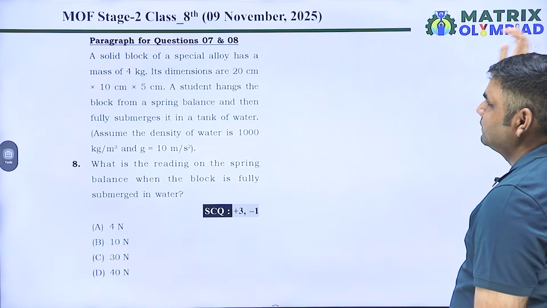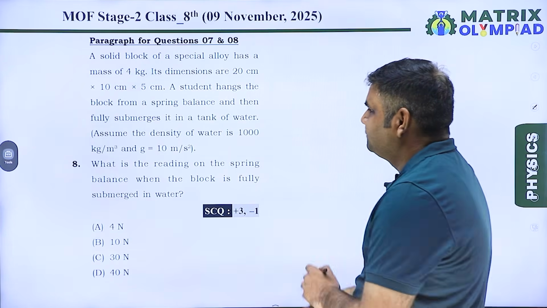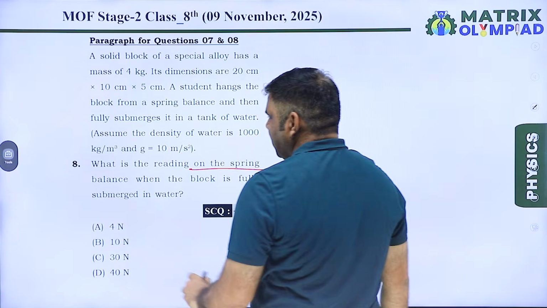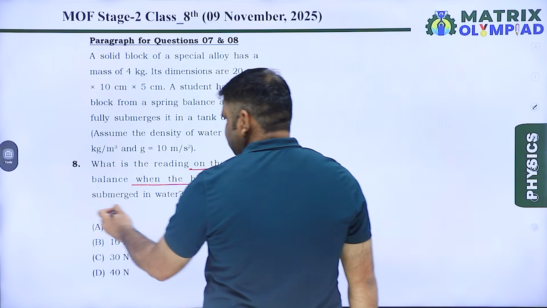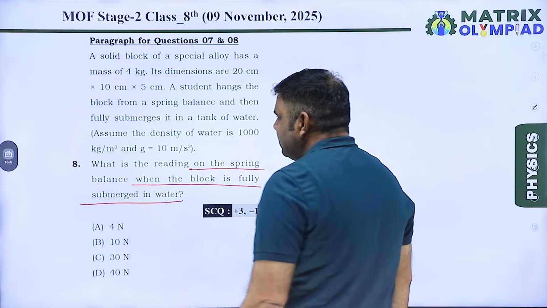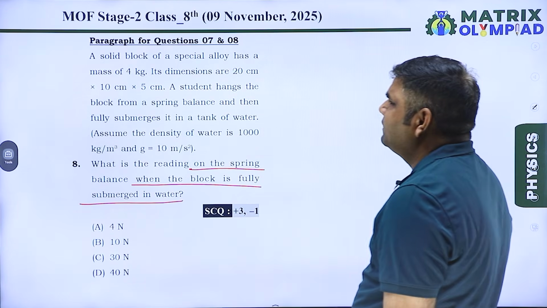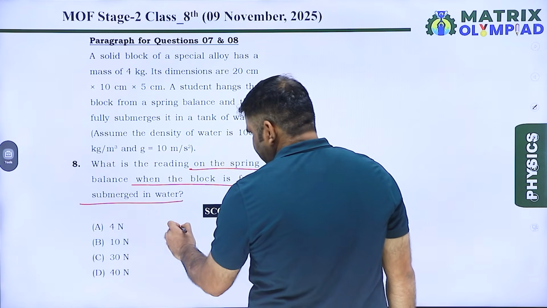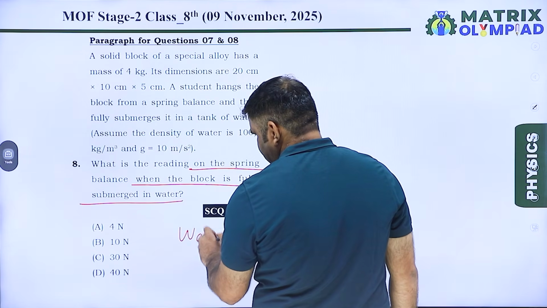Move to the next question, that is question number 8. What is the reading on the spring balance when the block is fully immersed in water? So we have to find the reading of the spring balance. First we are going to find the weight of the object in air.